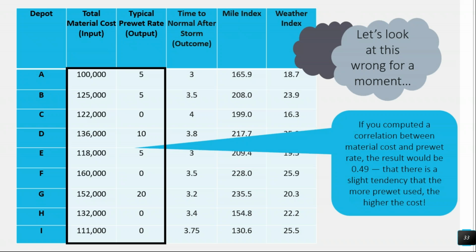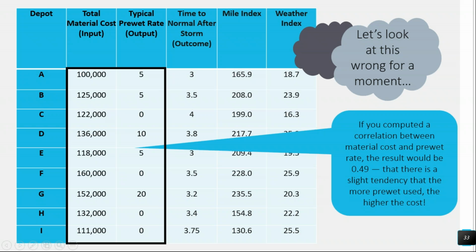What I see a lot of folks do is they'll look at the material cost and they'll look at the pre-wet rate and they'll say, oh, if I correlated my pre-wet rate, which is my output, to my input, that should give me an idea as to whether, if I use more pre-wet, my costs go down. And you can do that through the correlation.